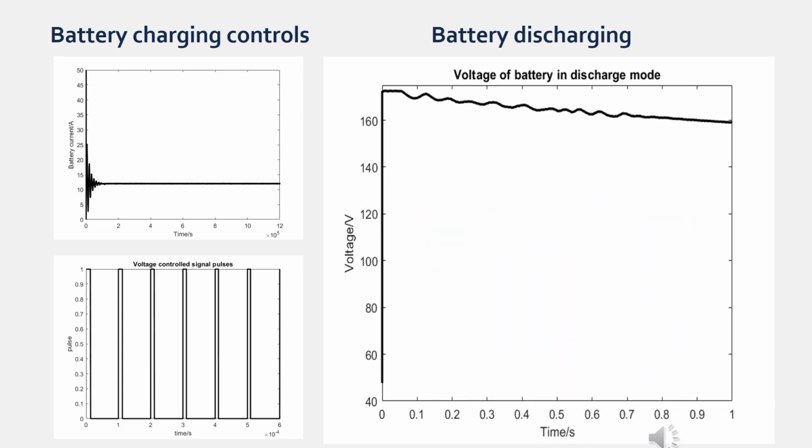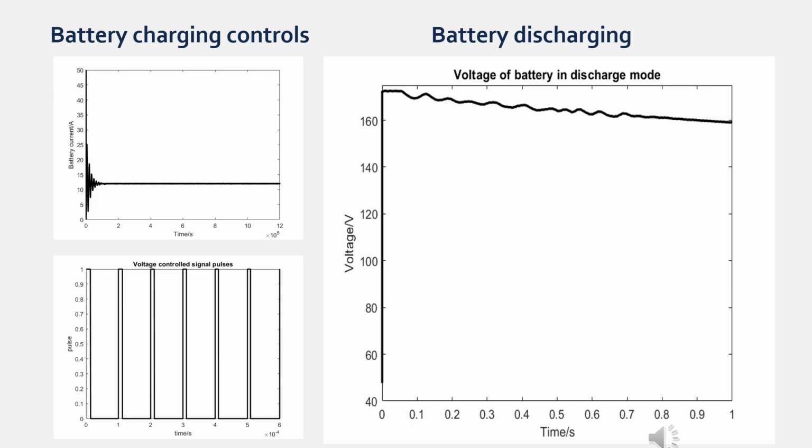Okay, the graph on my top left is the battery charging control signal. The current signal, as I said in the detailed control system for the overall project, was set at 12 amps.